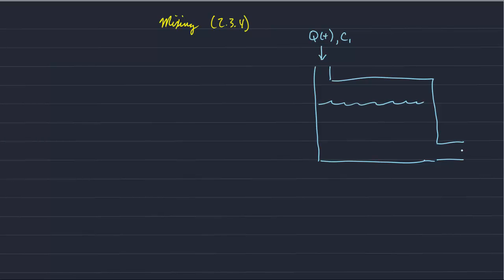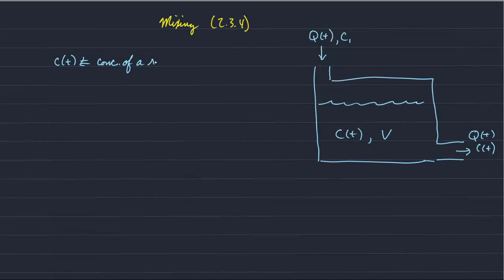The output has the same flux Q of T, and the concentration of the fluid coming out is the same as the concentration in the bath. So the concentration in the bath is C, and that's changing with time, and the bath has a volume V.